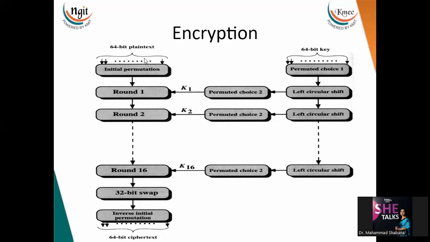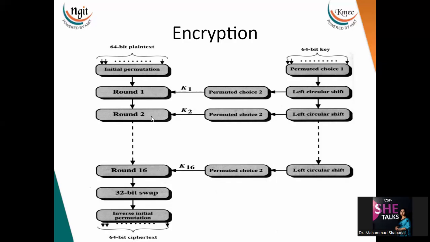Let us take the 64-bit plain text, the data to be encrypted, and the 64-bit key we are using for encryption. Initially, it goes to the initial permutation, where the bits are rearranged according to a predefined table.